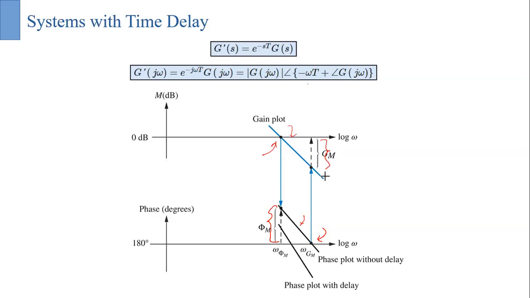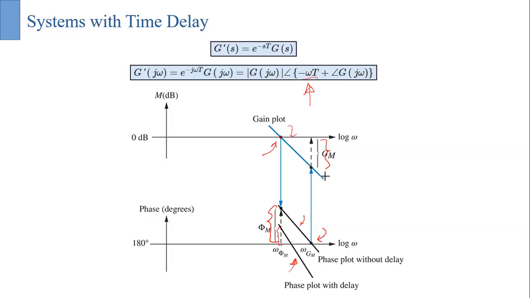According to this, if you have a delay, only the phase angle will be changed, and it will be reduced linearly. If you incorporate that linear decrease, this becomes your new phase plot, and the new phase plot says that at 0 dB crossing, your phase margin is actually reducing.